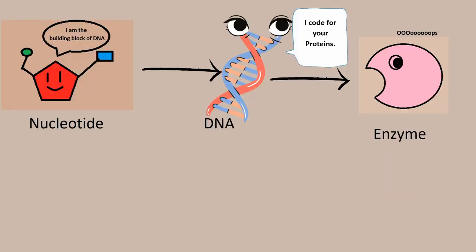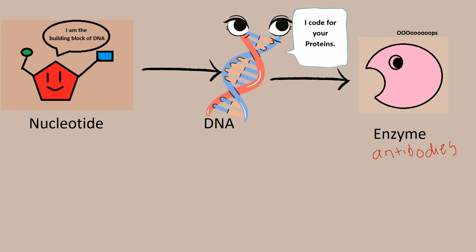So just a quick recap. Nucleotides are the building blocks of DNA, and DNA is responsible for coding for amino acids, which form proteins like enzymes or antibodies for your body to function properly. A DNA is a very long molecule, and in order to fit into a nucleus, it has to be wrapped around something, like how a thread is wrapped around a cylindrical spool, for example.